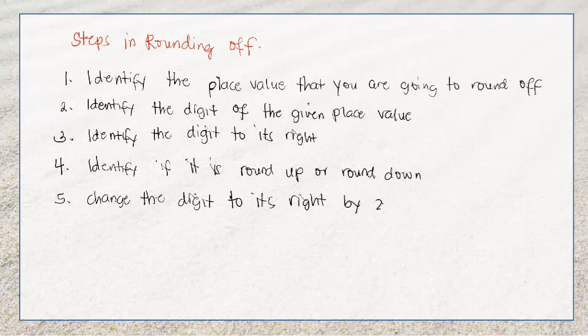And next, number 6 is copy the digit to its left. So these are the steps of rounding off. You may follow the following steps so that we can round off our given decimal.